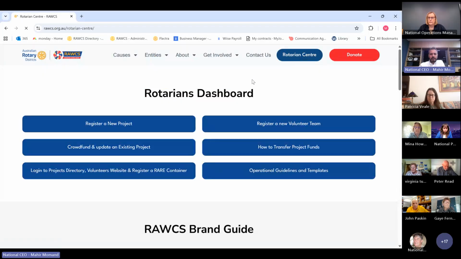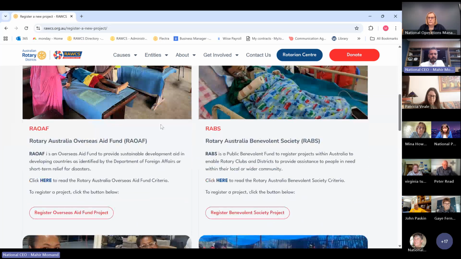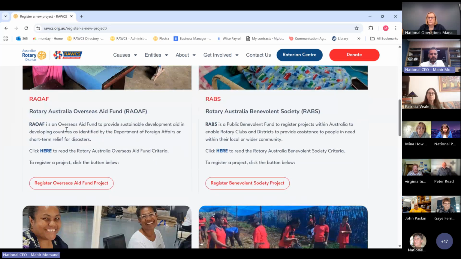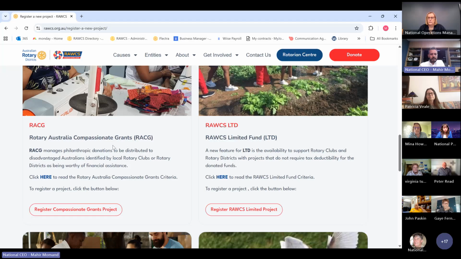Under the Rotarian Center button, you can click on register a new project. Once you click on that, you can come down here and say, is it an overseas aid project that you're registering? Is it an Australian Benevolent Society project? Is it a compassionate grant project?